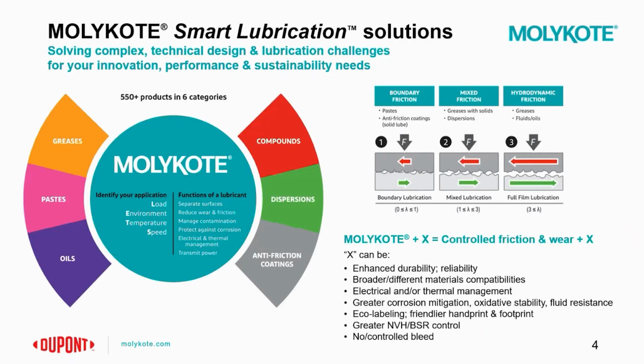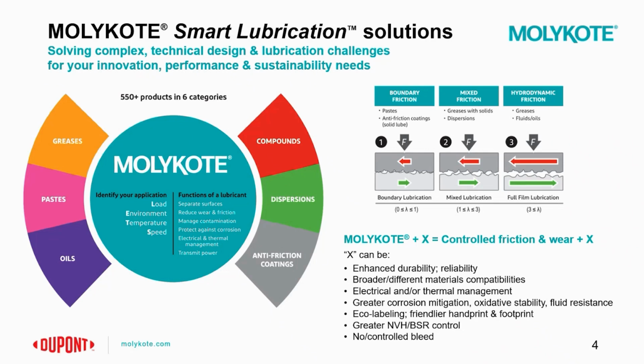Next, we could take a look at MOLYKOTE as a whole. The MOLYKOTE portfolio encompasses multiple product families and technologies encompassing greases, pastes, oils, compounds, dispersions, and anti-friction coatings. When identifying a particular lubricant for a specific application, we use the LETS acronym, which stands for Load, Environment, Temperature, and Speed.